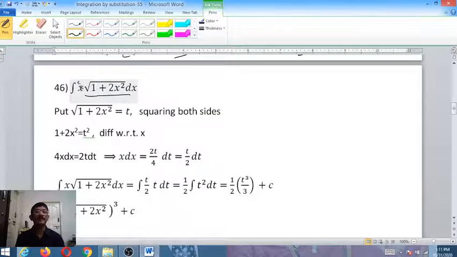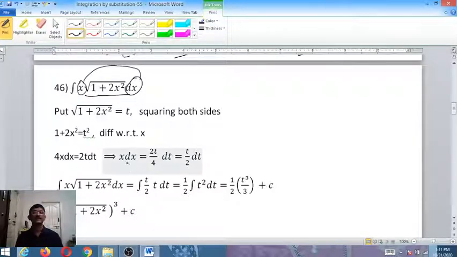Now look at this. Here you have x, and here you have dt. Look at this, x square is there, so x into dx will be there, isn't it?